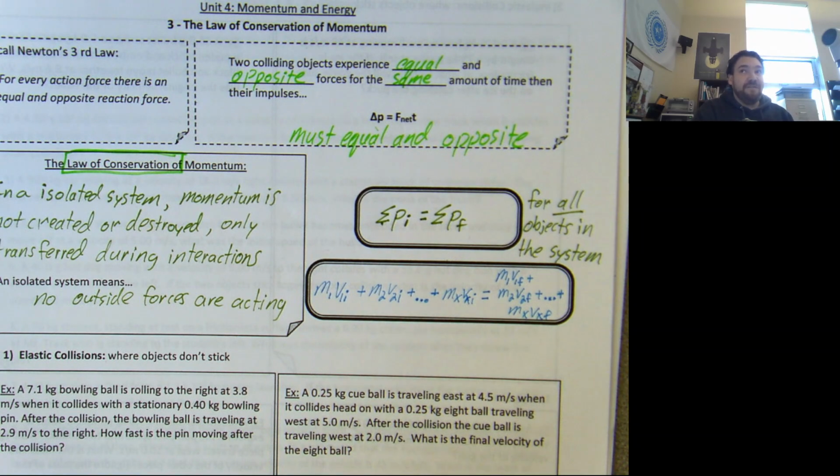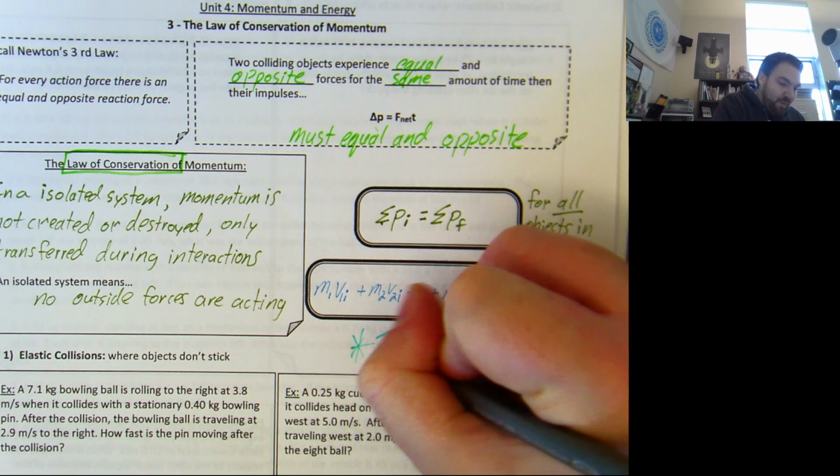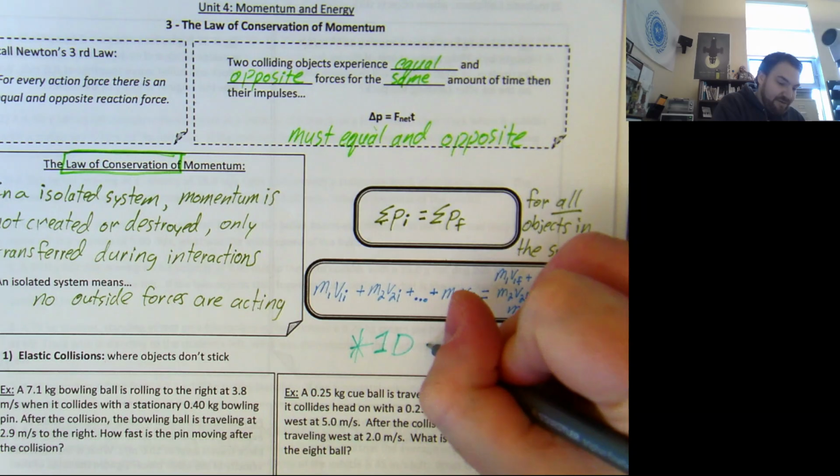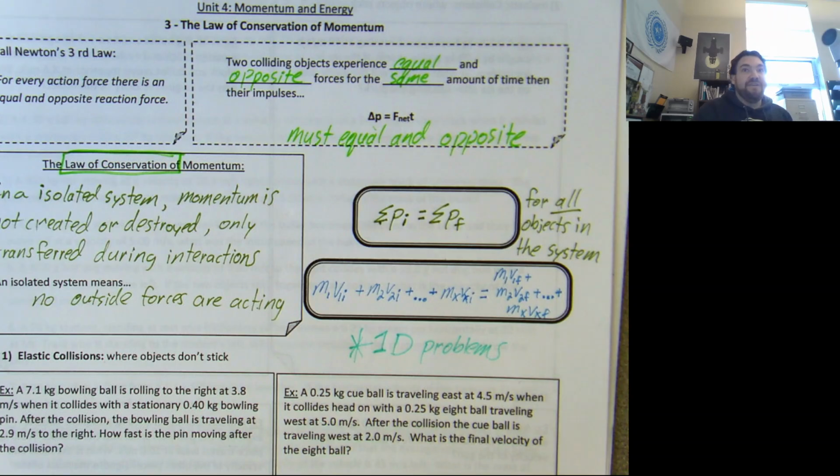So momentum itself, not a difficult concept, mass times velocity. This is where momentum gets really interesting. And we're going to look at three styles of problems in one dimension. Yes, one dimension. One dimension? Yes, one dimension. These are all going to be 1D problems in grade 11.